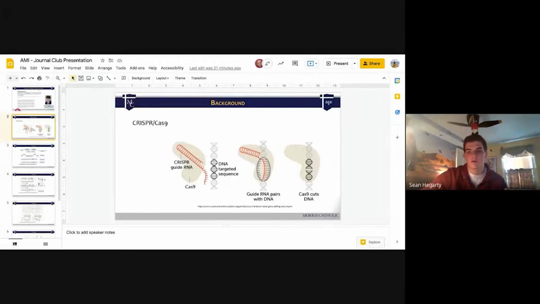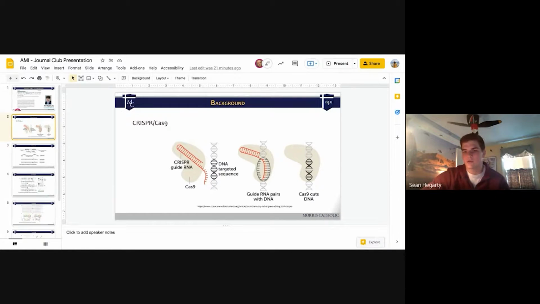It may not. It just won't work the same. And so that's one thing they identified in this paper, was CRISPR couldn't be used to edit a certain gene in cancer cells. And so they had to develop a new technique to edit that gene and detoxify it in a way.